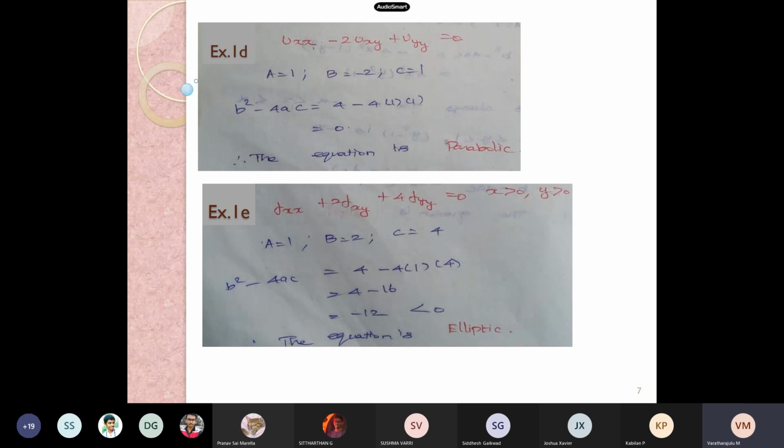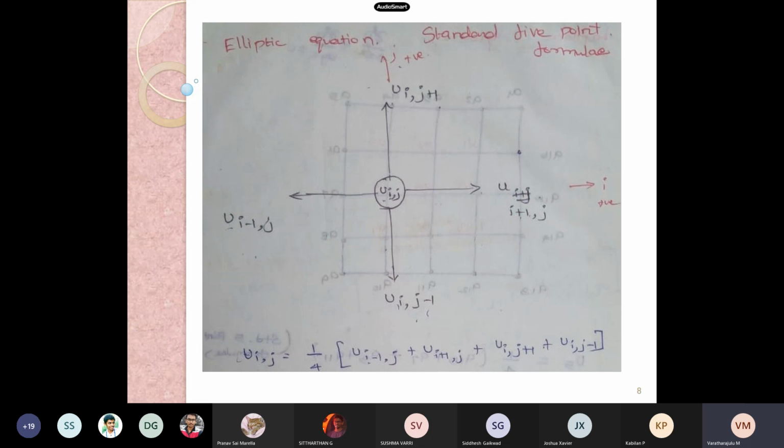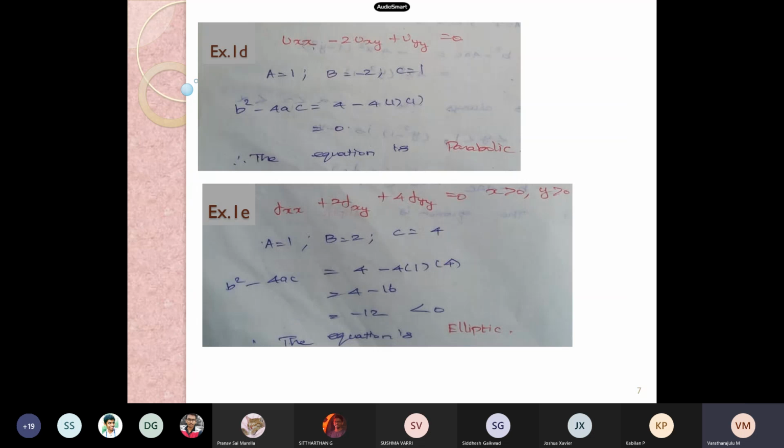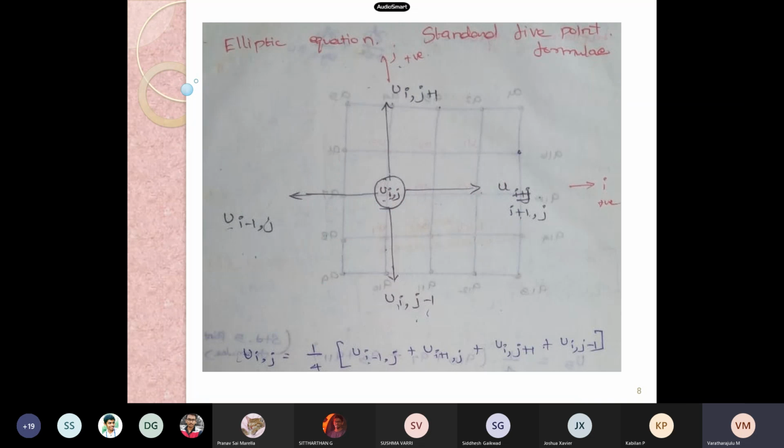This is less than 0, so the equation is elliptic. I think these things are well understood. When an equation is given to you, I hope you can find whether it falls under elliptic, parabolic, or hyperbolic. Is it clear?